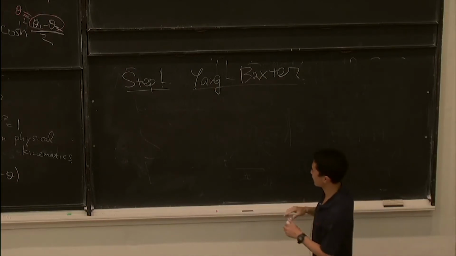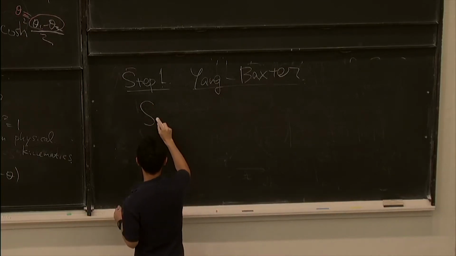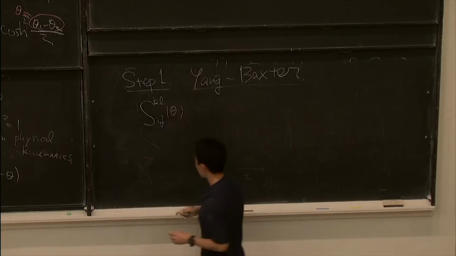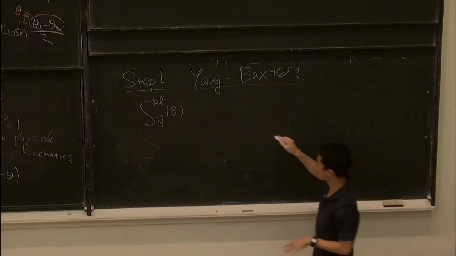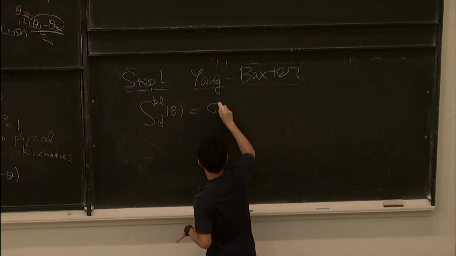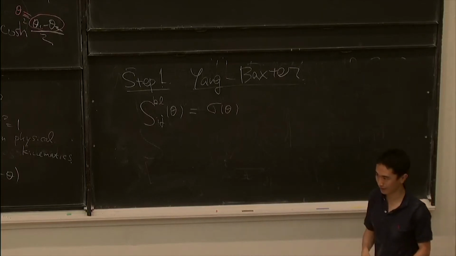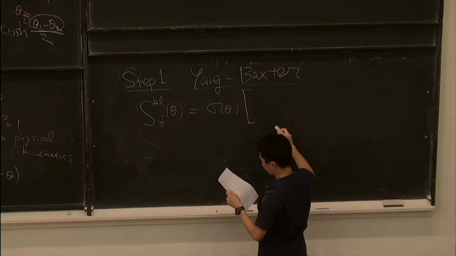But before doing that, let's introduce a nice pictorial way of representing the O(N) S matrix. We know this O(N) S matrix must preserve the O(N) symmetry, and there are only three different tensor structures that you can write down for 2 to 2, which I denote in this way.